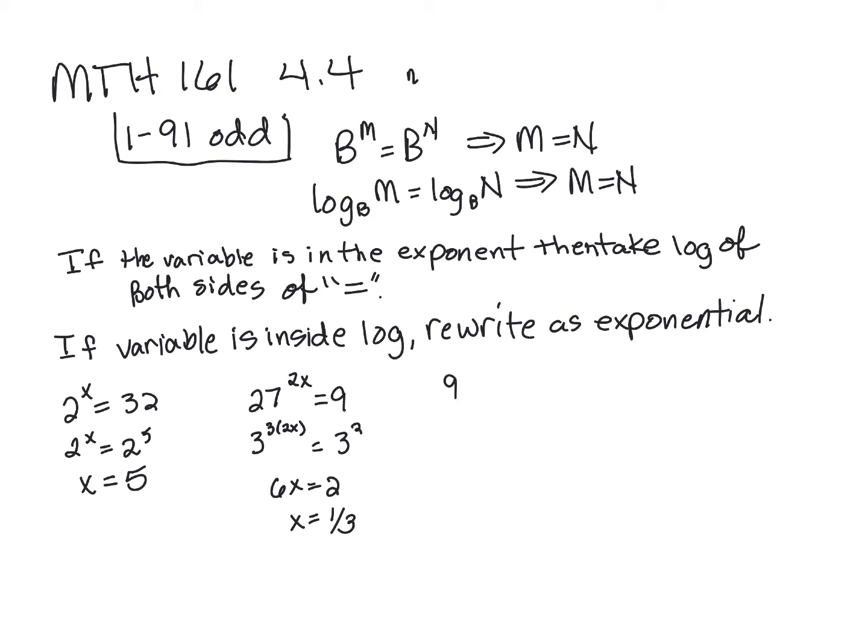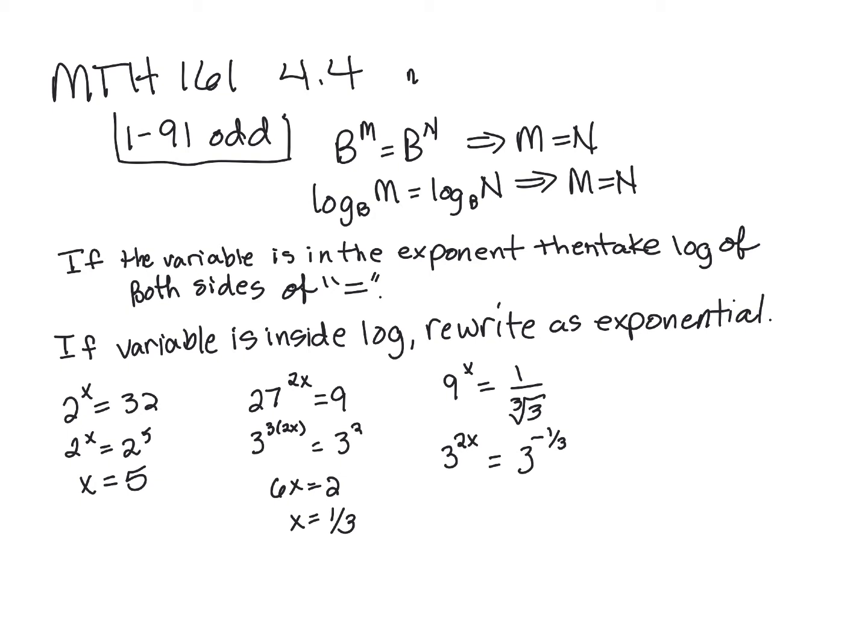9 to the x equals 1 over the cube root of 3. Both of these are powers of 3. It's not pretty, but it is what it is. 9 is 3 squared raised to the x. And this is 3 to a power. Now you see the 3 is on the bottom, so it's a negative exponent. And it's in a radical, so 3 is raised to the first power and third root.